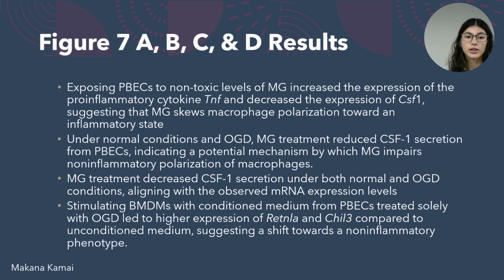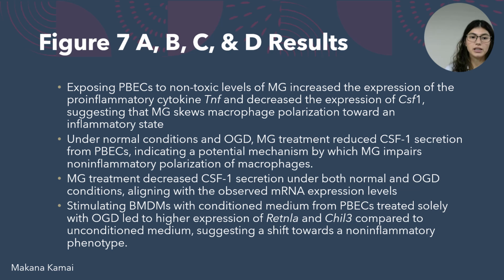For figure 7B, it shows that under normal and oxygen glucose deprivation, which is the OGD condition, MG treatment reduced CSF1 secretion from PBECs, indicating a potential mechanism by which MG impairs non-inflammatory polarization of macrophages.